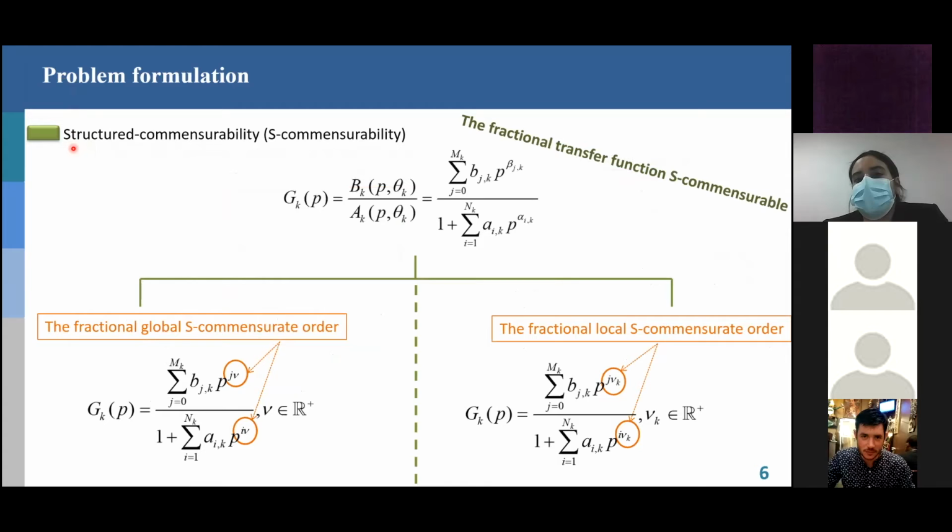In the case where the fractional transfer function is S-commensurable, we have two cases. If we have a global S-commensurate order, we can see that for all subsystems we have the same commensurate order. In the second case, we have a local S-commensurate order, which means an S-commensurate order for each subsystem.